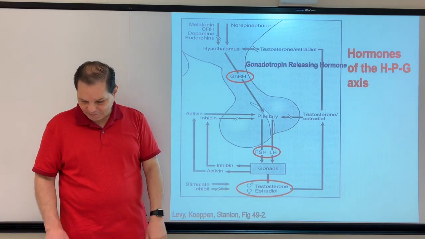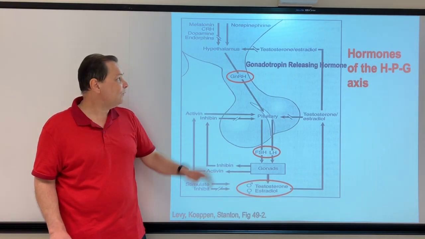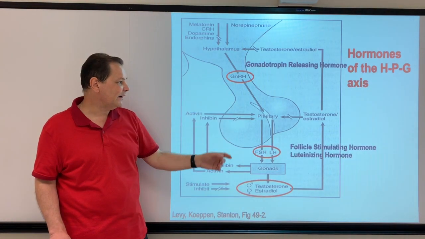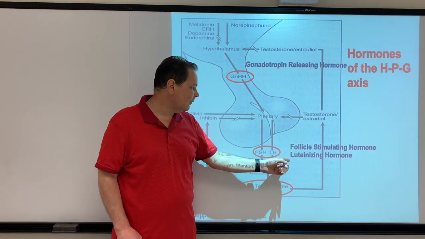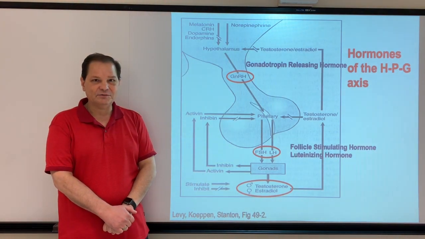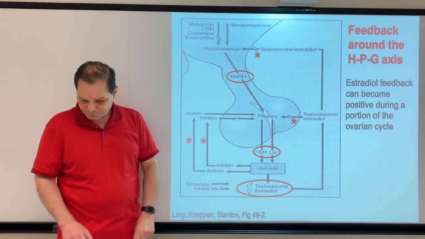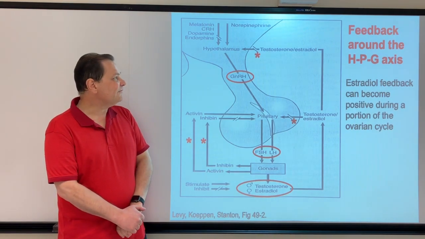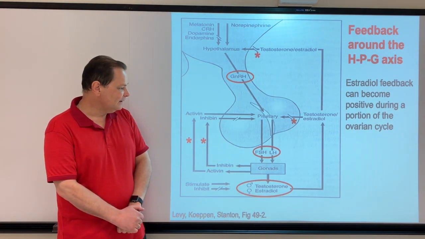Now, and here we go, you have gonadotropin releasing hormone, henceforth known as GnRH. You have follicle stimulating hormone and luteinizing hormone, FSH and LH, those are your gonadotropins, okay? This is effectively a feedback phenomenon.